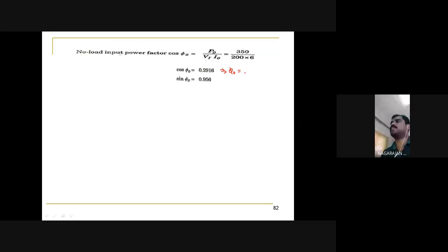How can I find phi naught? Phi naught is cos inverse of 0.2916. So what is cos inverse of 0.2916? I'll get a value. Let me check. Wait.